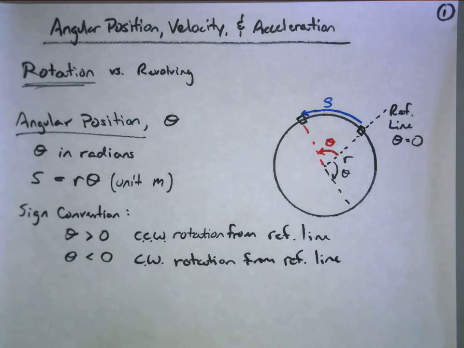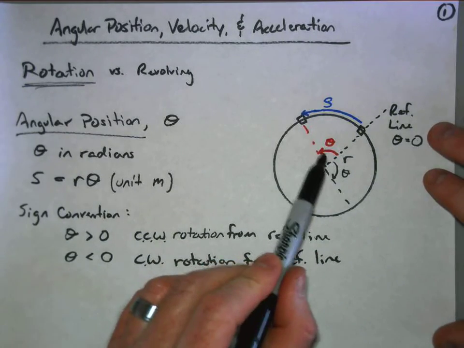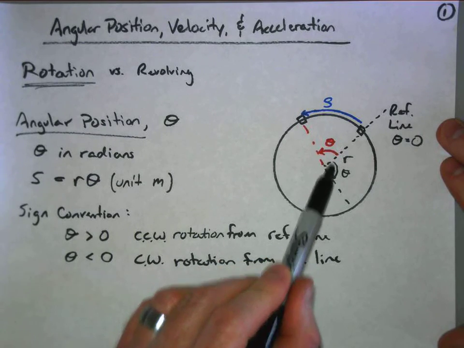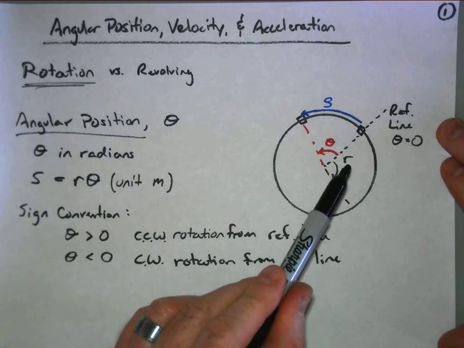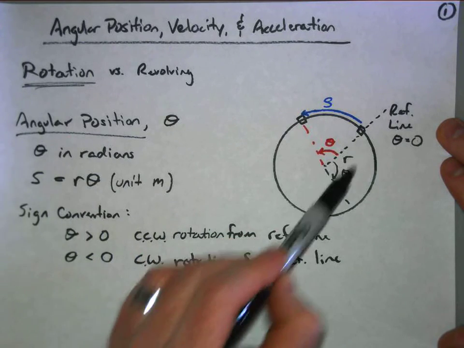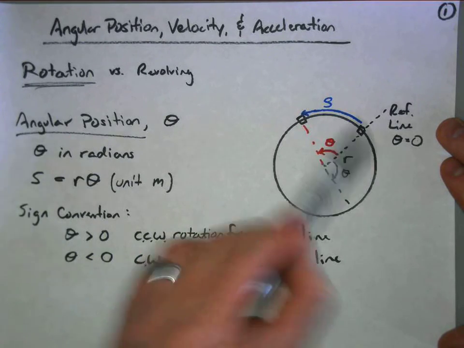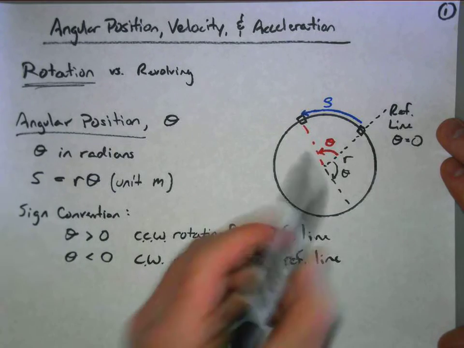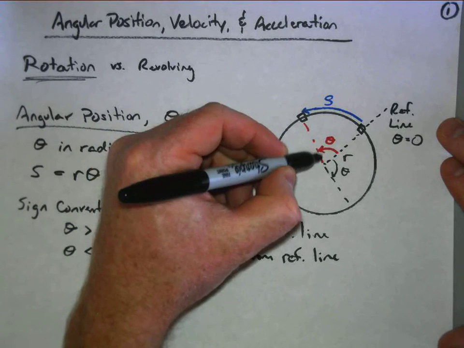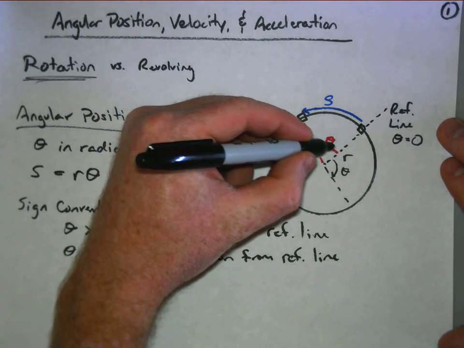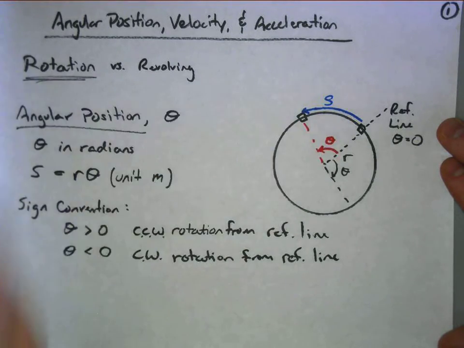And so we have to think about possibly completing a revolution, completing a rotation, or even going past a full rotation, but the direction matters. And so it might end up here, let's say, and we might think, well, there was a certain amount of rotation in the positive direction, so theta would be positive.